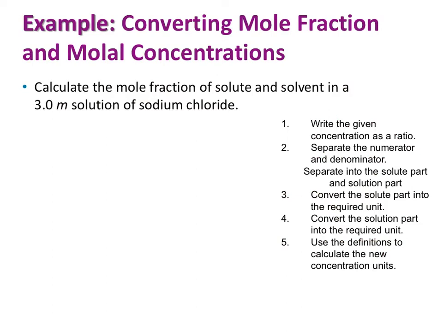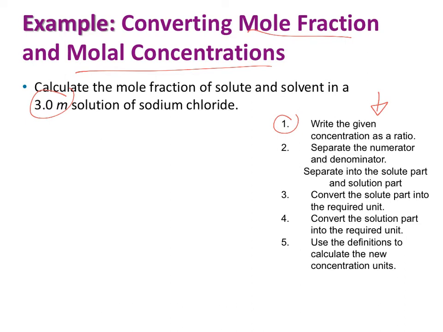So in this example, we are converting mole fraction and molal concentrations. In the previous example, we were given, straight up, the starting masses of both the solute and the solvent. In this case, we are starting off with a certain concentration, and we are going to convert it to the other 2 concentration types. So that's why I have this little guideline here, the one from earlier. So your first step should be to write the given concentration as a ratio.